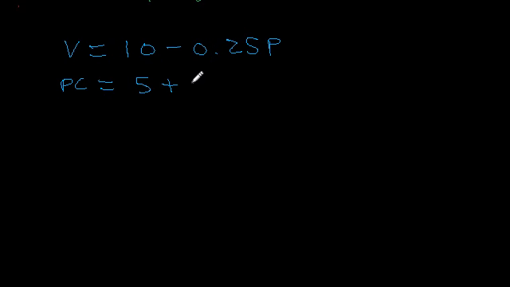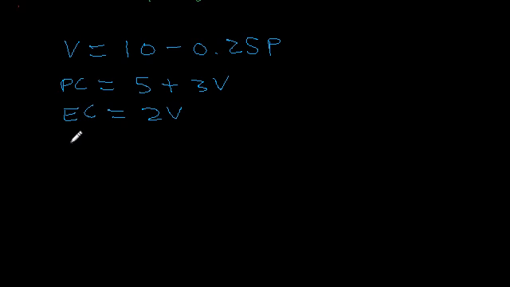Okay, so let's quickly define the demand for travel, and we'll say it's V equals 10 minus 0.25 times P. We'll say that the private cost of travel is represented by 5 plus 3V, and that the external cost of travel is equal to 2V.